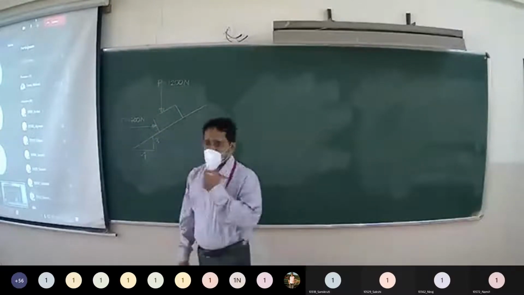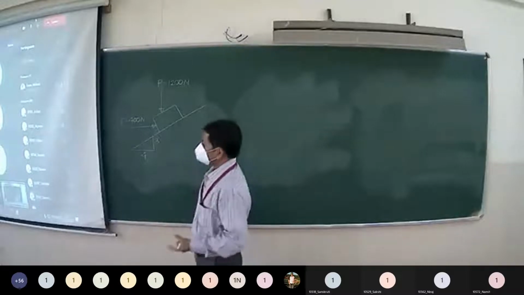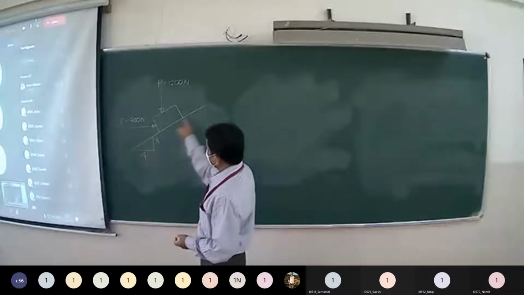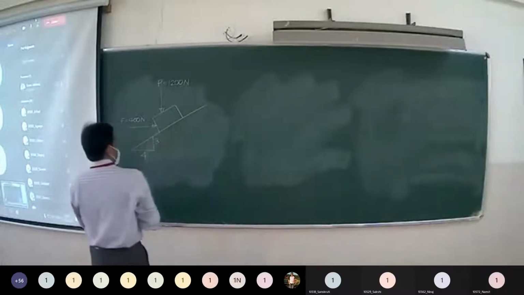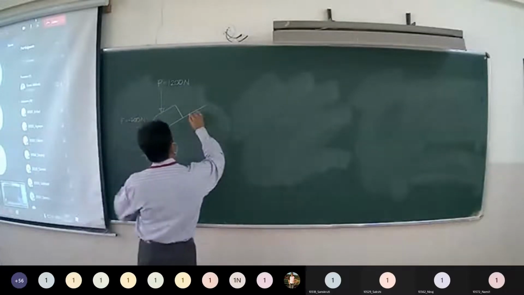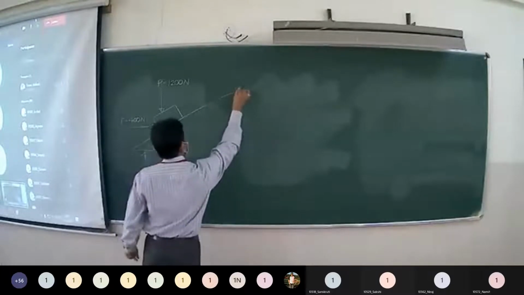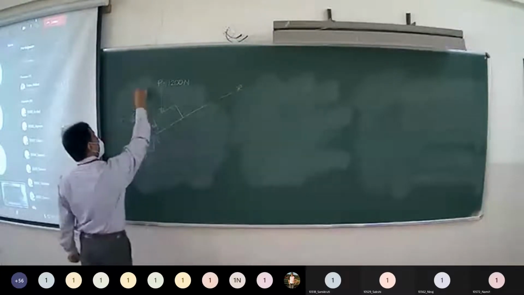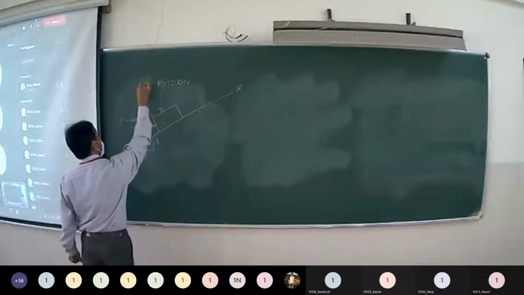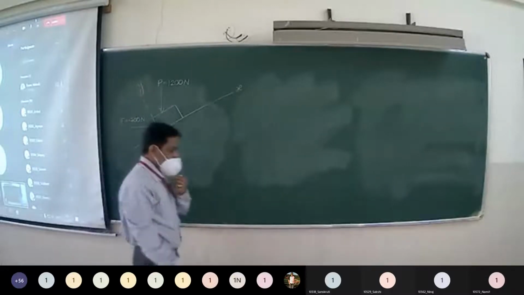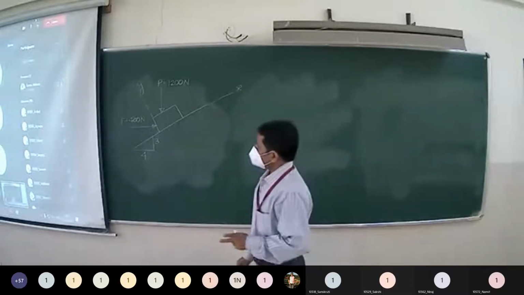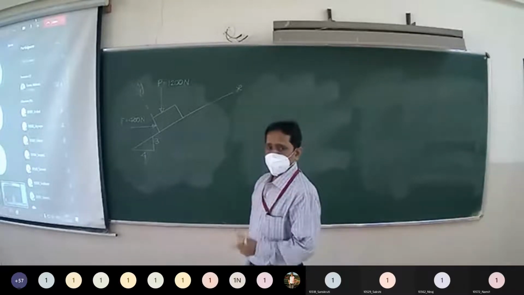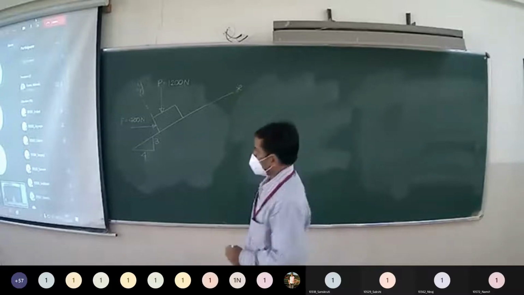Now we have to resolve this F and P into components along the plane and perpendicular to the plane. So I am considering x-axis along the plane and y-axis perpendicular to the plane. So simply we have to resolve F and P into Px, Py, Fx and Fy, right?